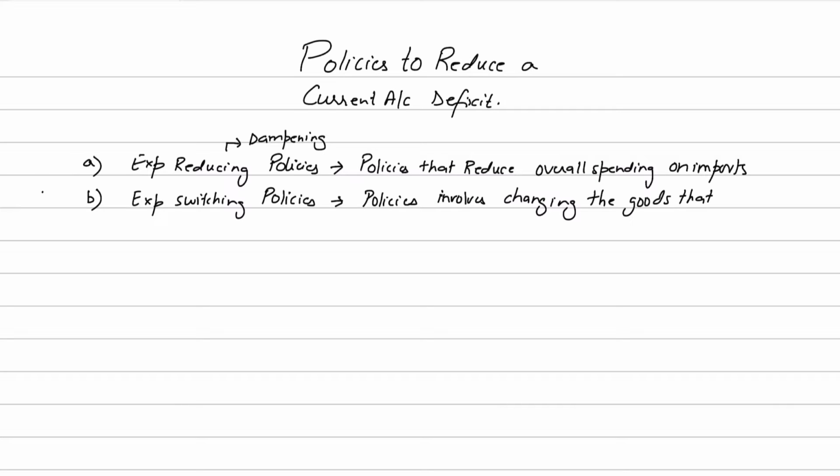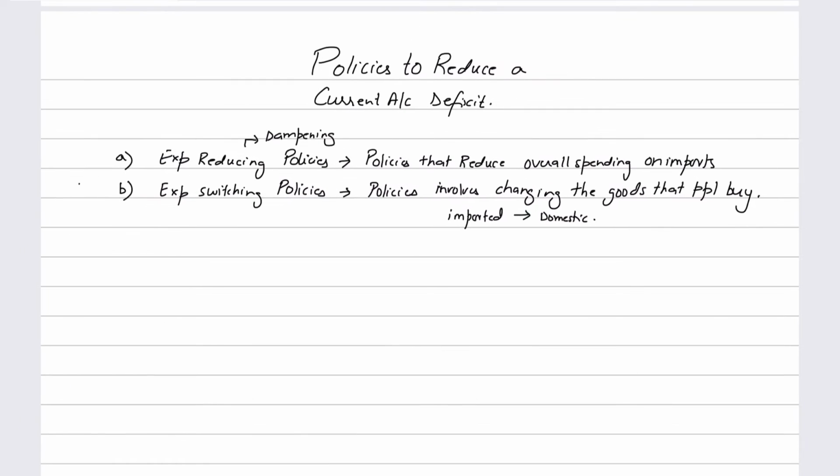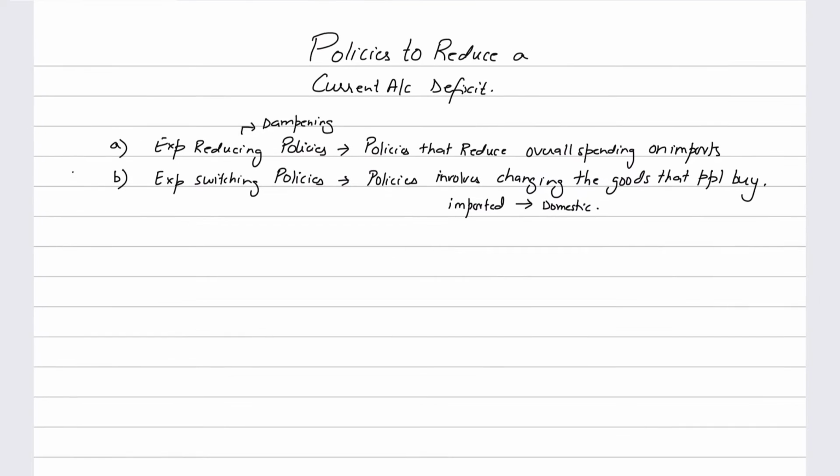And when you say that it involves changing the goods that people buy, you're actually trying to say that we're trying to shift the expenditure from imported products to domestic products, right? We want the domestic consumers and firms to not rely on imported goods and instead consume more domestic goods, so that the domestic industry actually improves and the GDP rises, and there are better living standards and more tax revenues for the government as well, right?